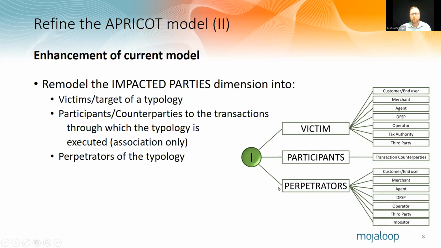One of the things that we found we definitely needed to also include is where there is an imposter that has taken on the role of one of the legitimate participants in a specific transaction, and whether or not, even though the participant is behaving normally, that is not the real participant. You typically find imposters on the customer end, or even in the case of merchants, or where there have been breaches in terms of system access or security. An imposter might actually even operate at the level of the DFSP or a potential Mojaloop operator itself.